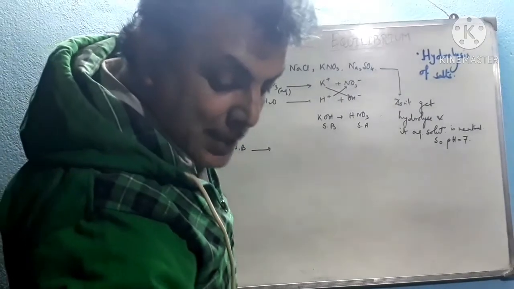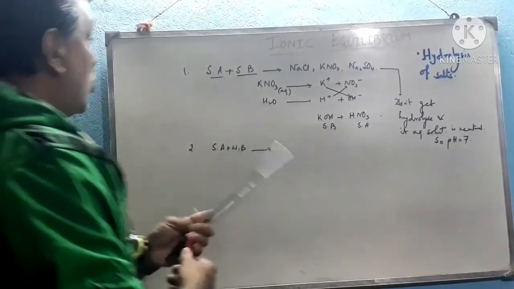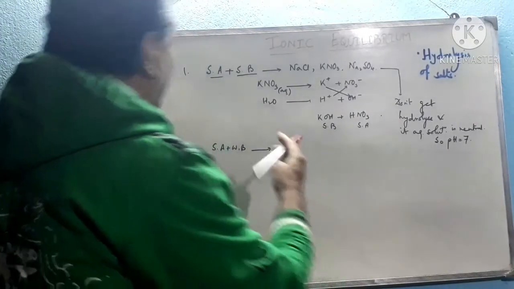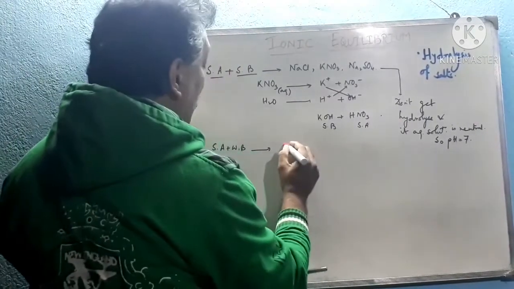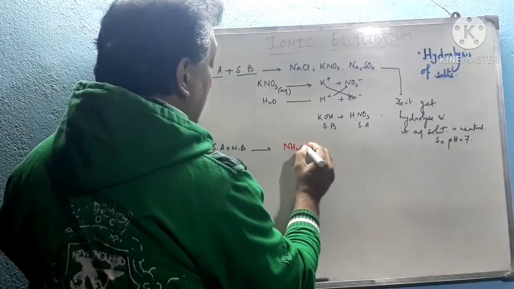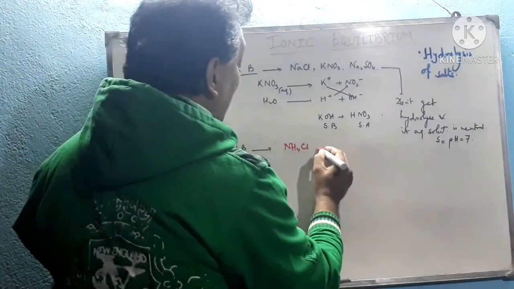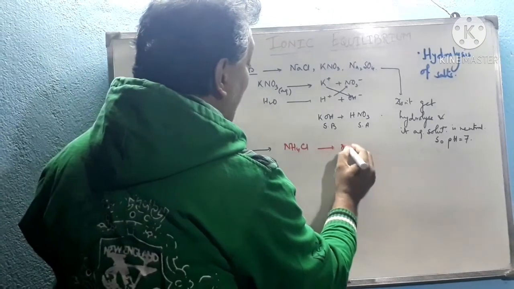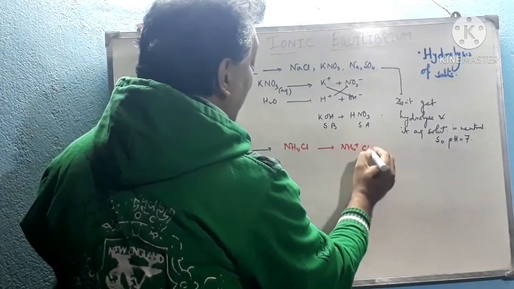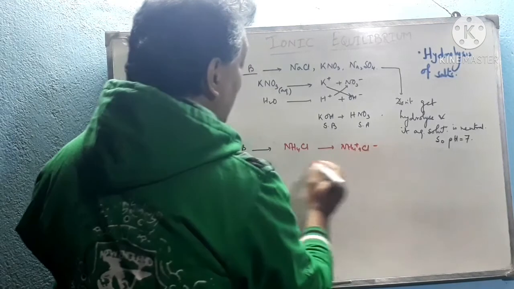Like I am giving an example, the strong acid is hydrochloric acid and the weak base, suppose, ammonium hydroxide. So ammonium chloride is an example of such type of salt. Ammonium chloride dissociates to form NH4 plus and Cl minus in its aqueous solution.